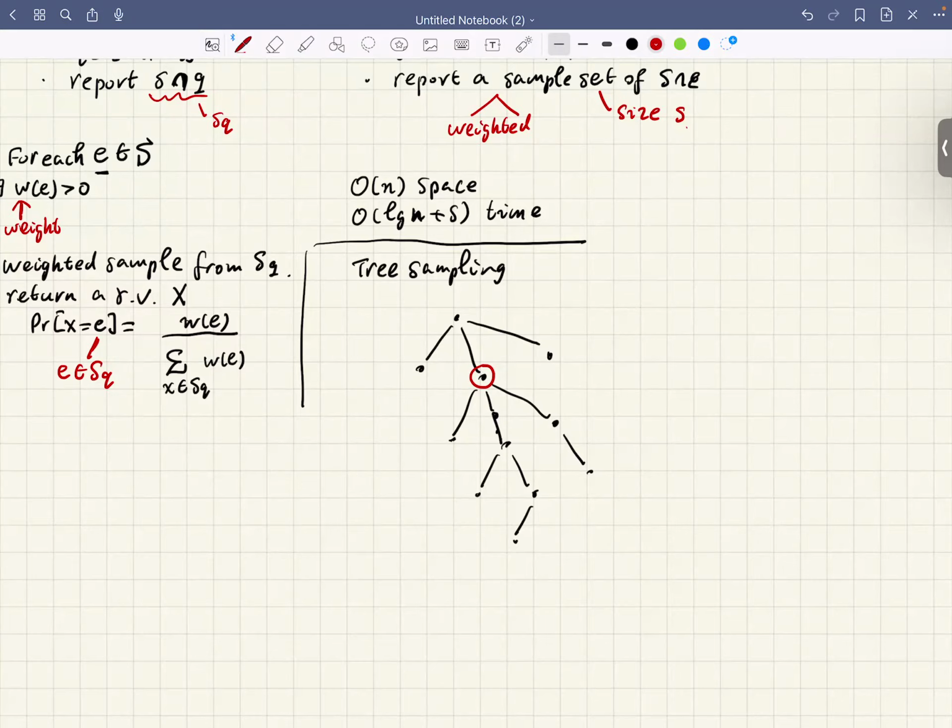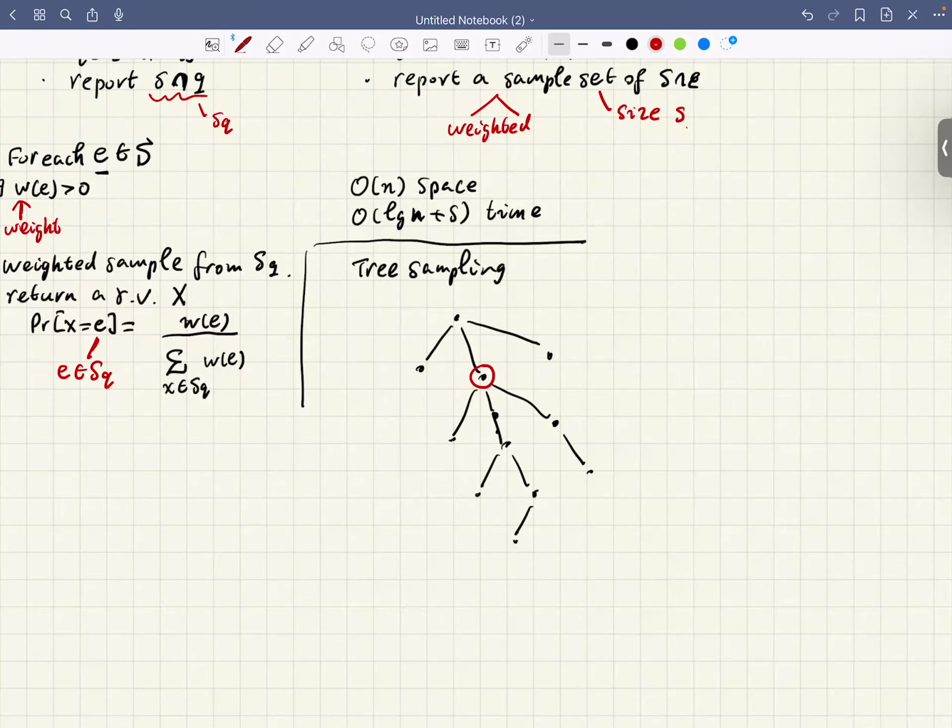Okay, good. More specifically, in the B tree, the number of subtrees that you can find is no more than big O of log n. And then you are able to imagine that you will be solving log n tree sampling problems. That's how the reduction works. Since each tree sampling will give you another log n factor, and you have to solve log n of them, that's how you get log squared.